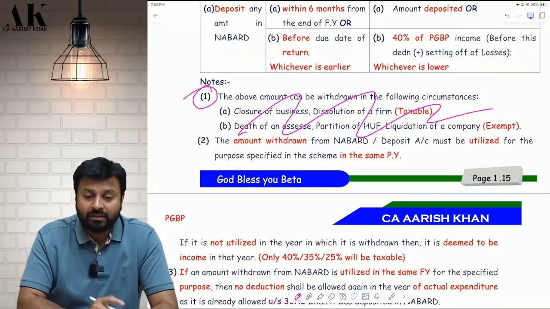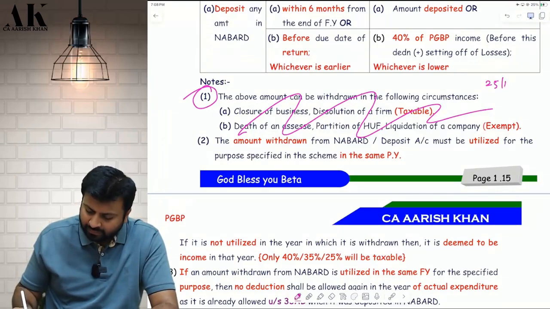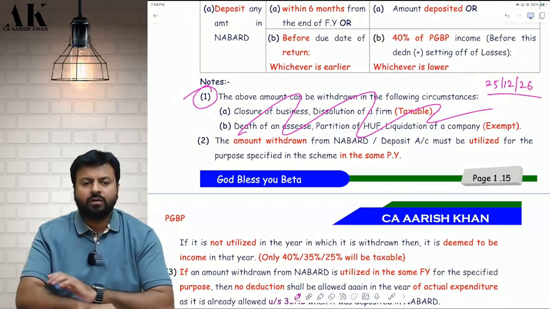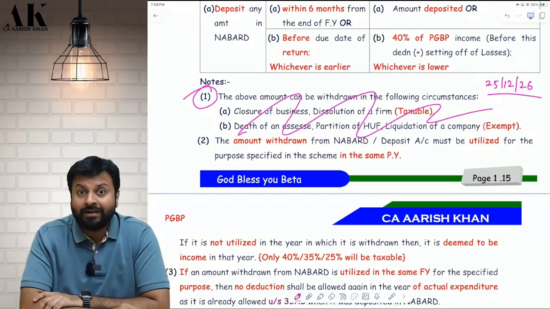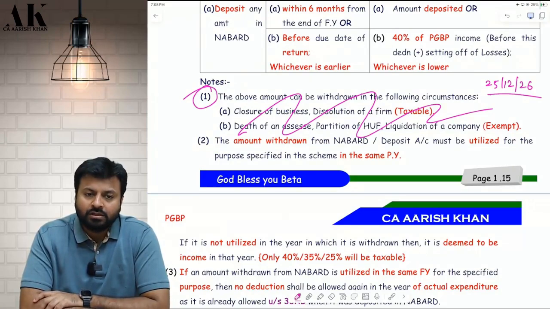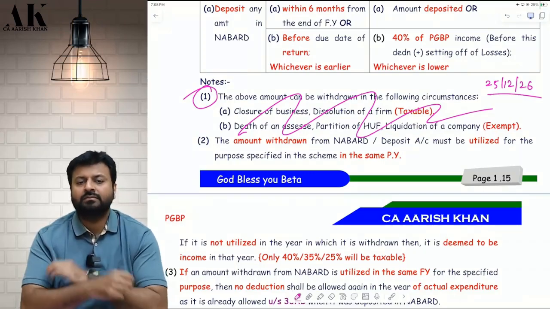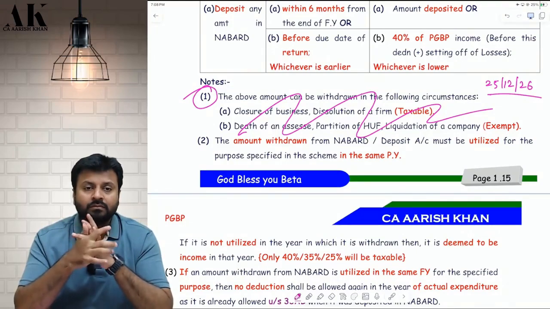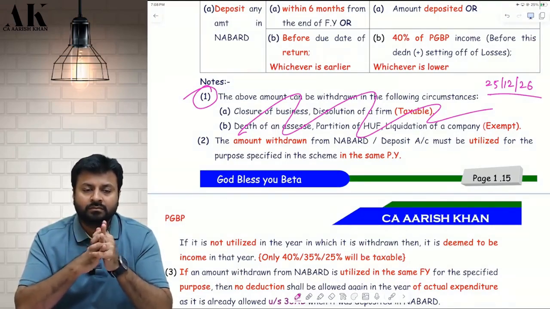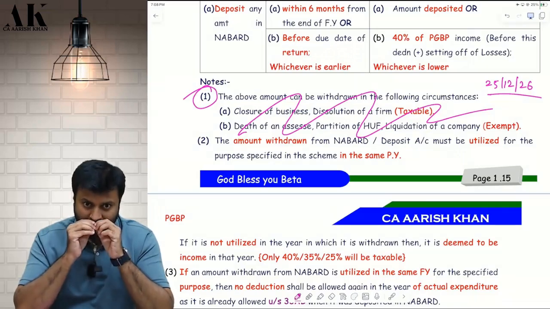Suppose I withdrew 1 crore rupees from NABARD on 25th of December 2026. Now by when I should use it? The law says, point number 2, read: amount withdrawn from NABARD or deposit account must be utilized for the purposes specified in the scheme in the same previous year.